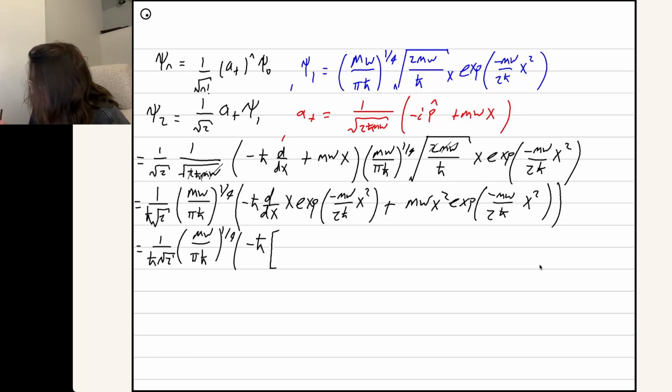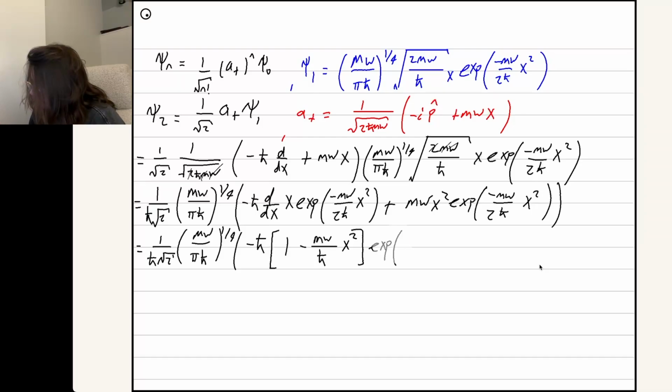So there's going to be a bracket in here where we're going to have one term which is only dependent on the exponent, which is going to be just something on the right of that is 1, and then one term which is going to be minus m omega over h bar x, all of that, and x squared, all times the exponent.